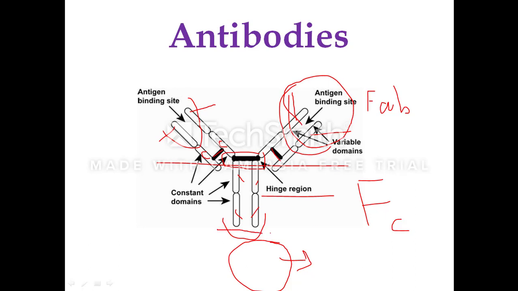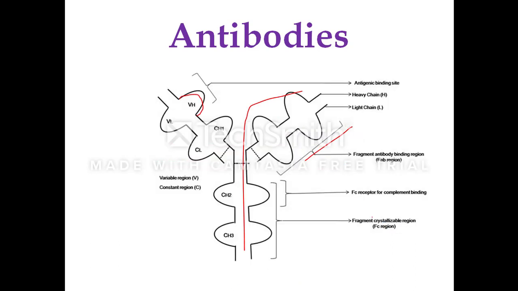So that's why the FC region is the effector region of the immunoglobulin, whereas the variable region is the antigen binding region, or it recognizes the antigen to bring about the particular immune reaction.